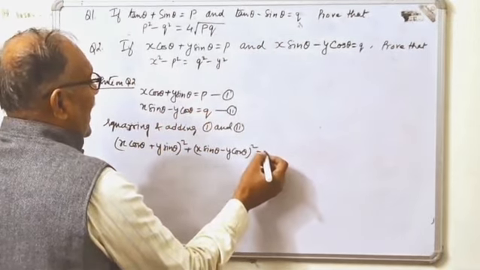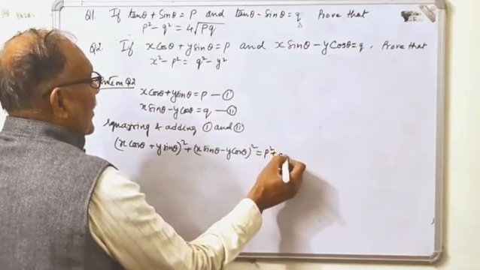So when we square and add, we get p square plus q square.